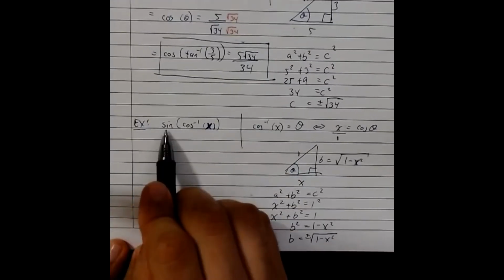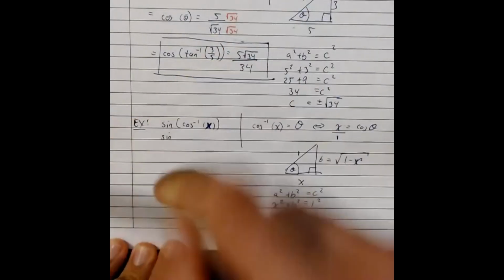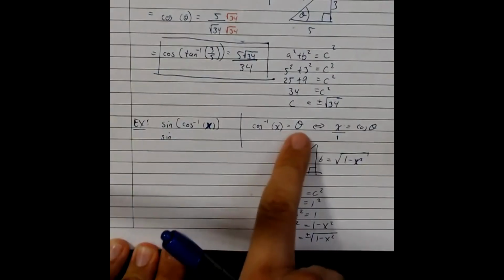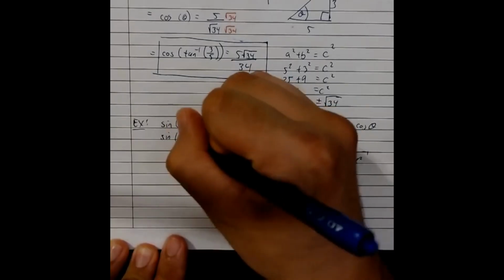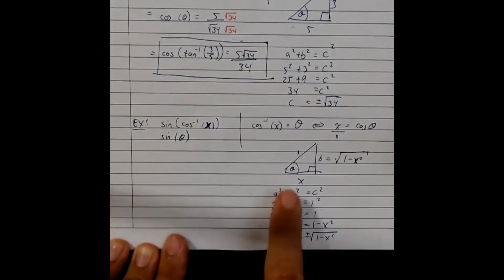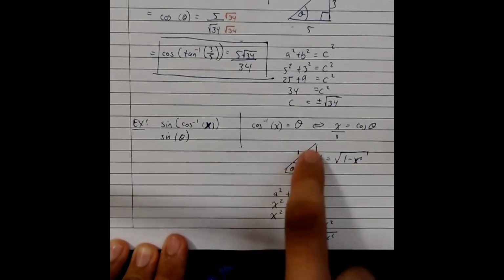So when we say we want the sine of the inverse cosine of x, that means we want the sine of that angle theta. After all, that angle theta is the inverse cosine of x. But now the sine of theta is going to take the side that's opposite of the angle theta, take the length of that, divided by the hypotenuse.